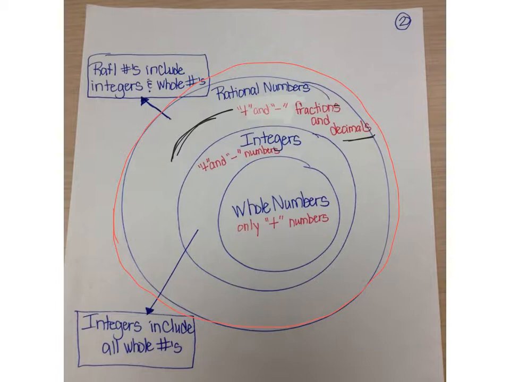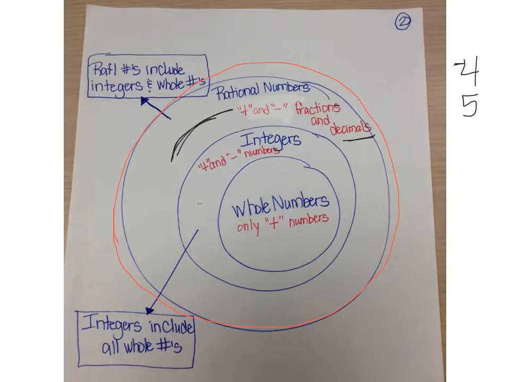Now inside that outer circle, we have integers. And integers are whole numbers, such as 4 or 5, and they can be positive or negative numbers, okay? So it could be a +4 or a -4, and that would fit right in here.